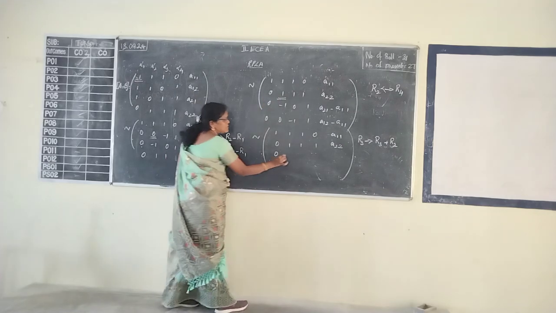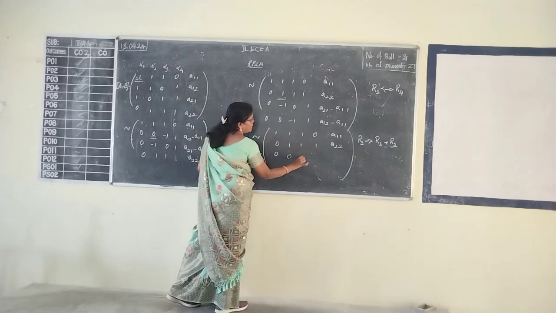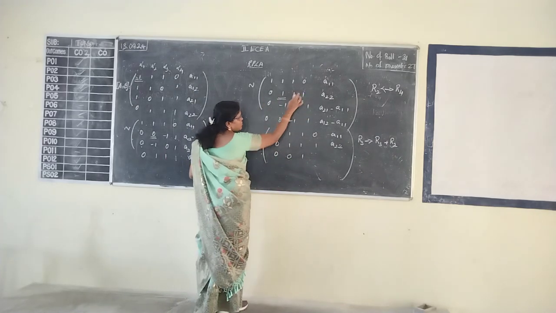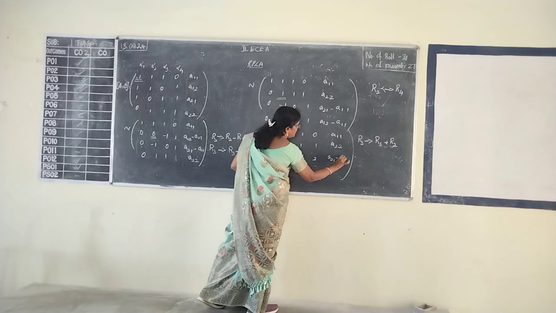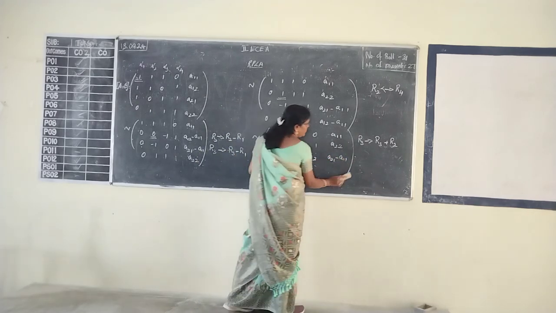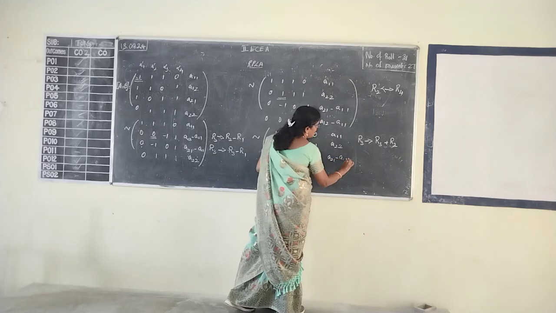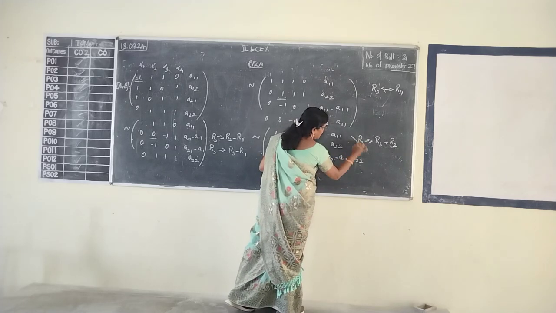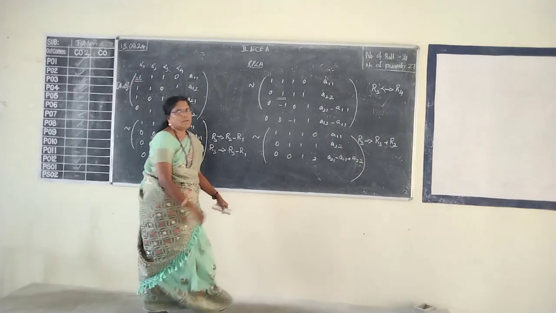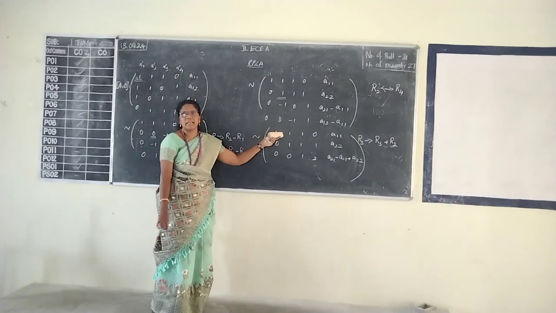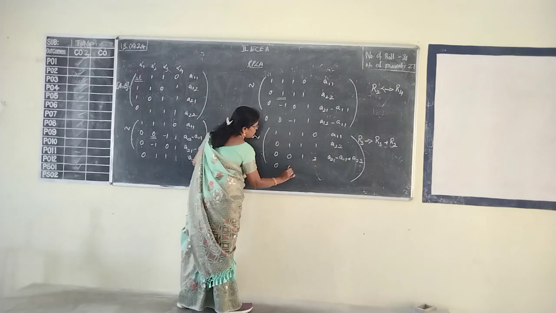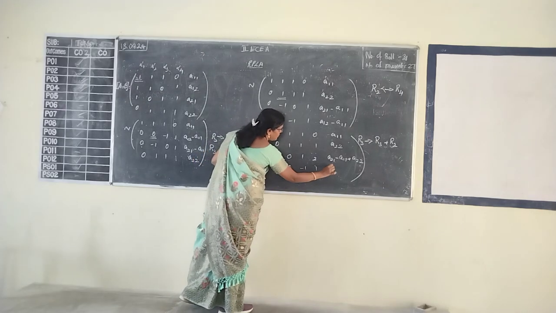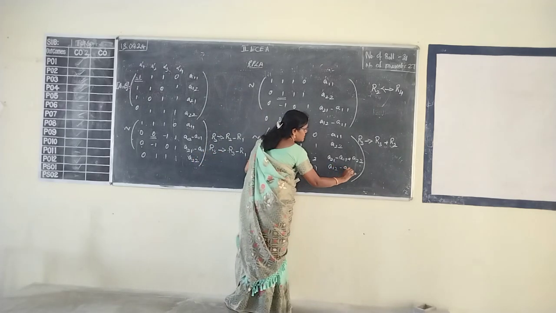Minus 1 plus 1, 0. 0 plus 1 will become 1. 1 plus 1 will become 2. And the last element A21 minus A11 plus A22. Now fourth row, already the second element is 0, so no need to make any changes. So 0 0 minus 1 1 A12 minus A11.